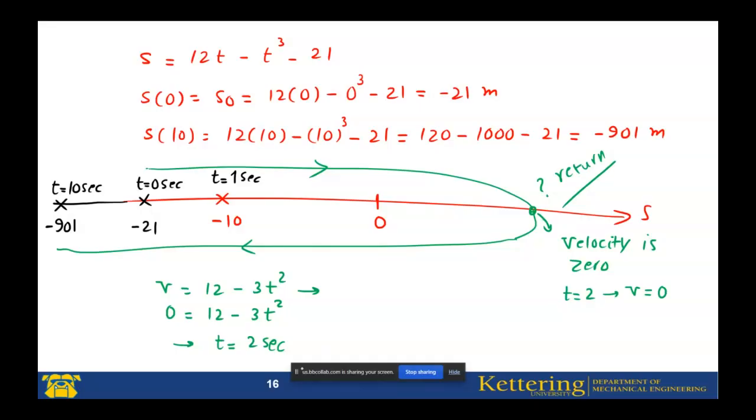Also, if I put this t into the s equation, 12t minus t cubed minus 21, if I put t equals 2 into this equation, 12 multiplied by 2 minus 8 minus 21.